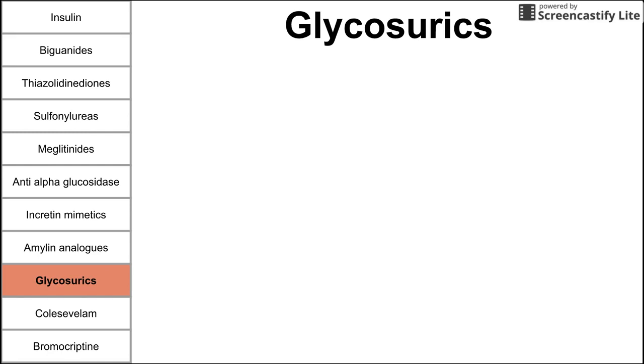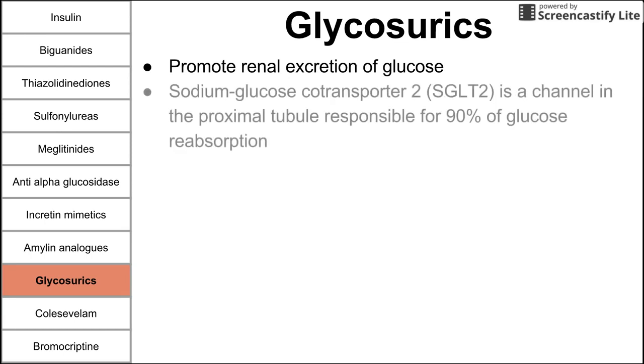Next is a group of drugs called the glycosurics. These promote renal excretion of glucose. Glucose is excreted through the kidneys. So there's a transporter in the proximal tubule called the sodium glucose cotransporter 2. And if you promote this channel's activity, you're going to absorb more glucose. If you inhibit this transporter's activity, you're going to be dumping more glucose into the urine.